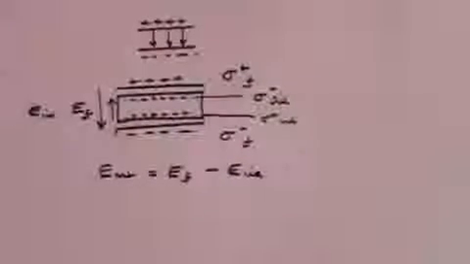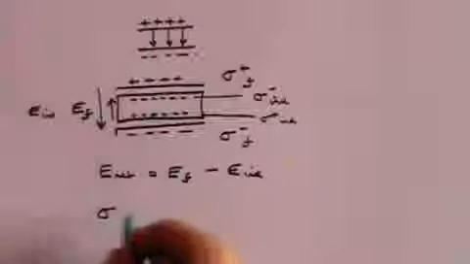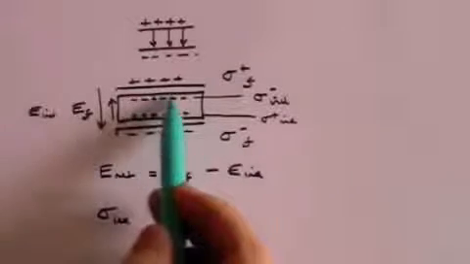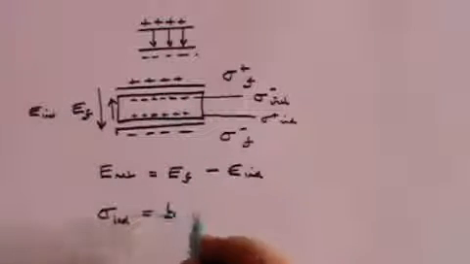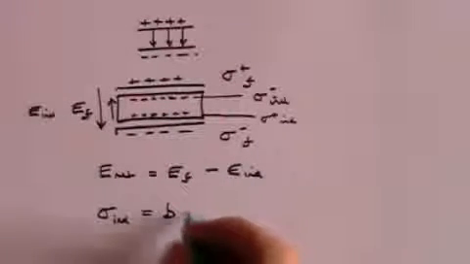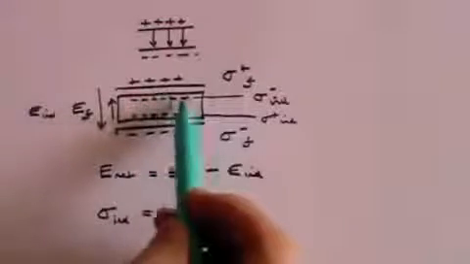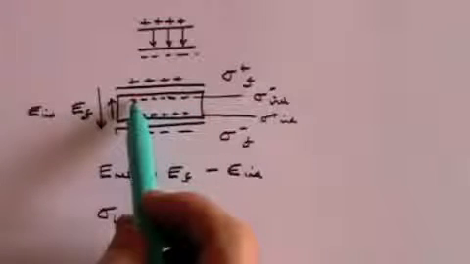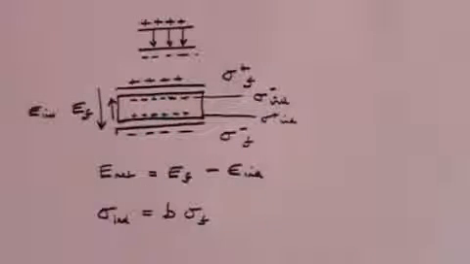Now let's make an assumption which turns out to be a reasonable assumption, that the charge per unit area in the induced part of the dielectric is equal to a constant times the free charge. In other words, the amount of charge that is induced on this surface is directly proportional to the amount of charge on the plate itself.